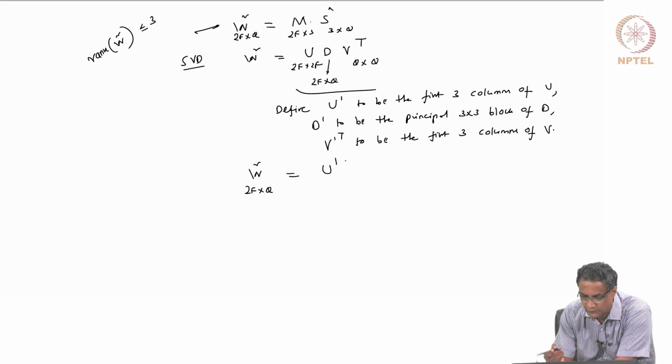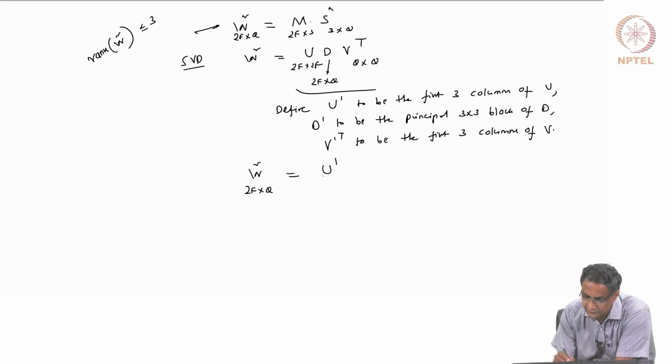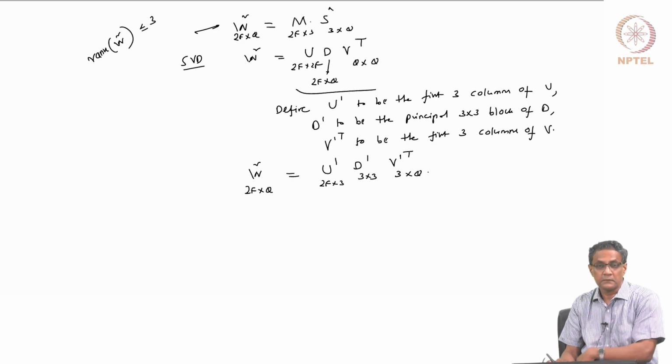U dash is not a transpose, by the way, it is just some other matrix. U dash has size 2F cross 3, D dash is 3 cross 3, and V dash transpose is 3 cross Q.